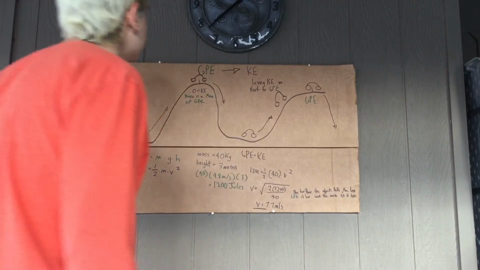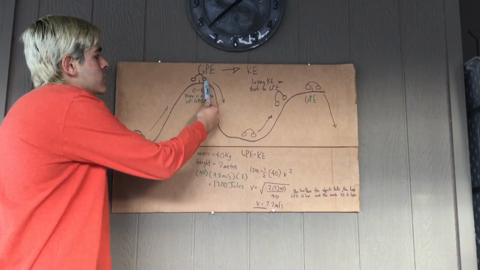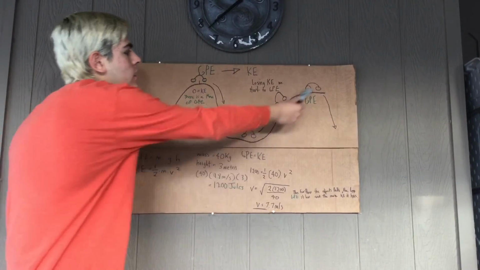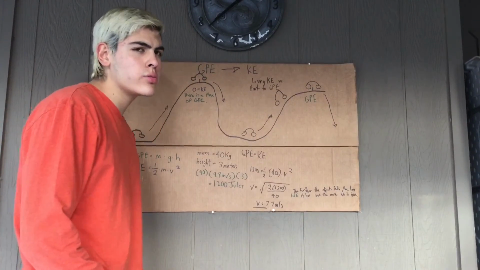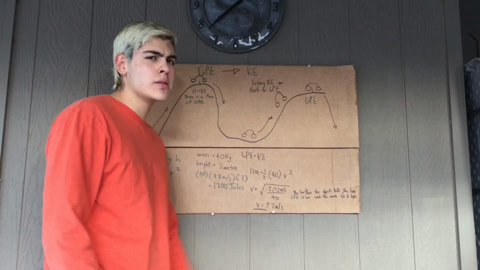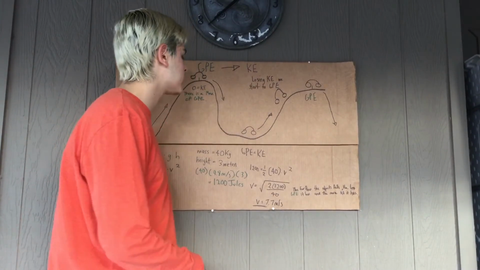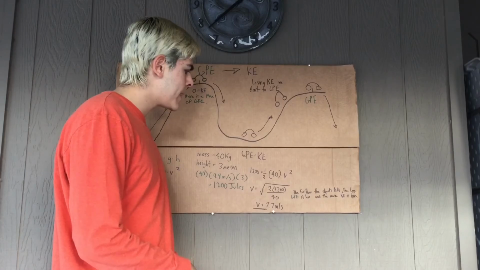So this is gravitational potential energy being transferred to kinetic and transferred back. I guess the roller coaster is probably the best option. And again, there were more options to choose from, like a bouncy ball. A pendulum I think was also a good option. But I hope I did a good job.